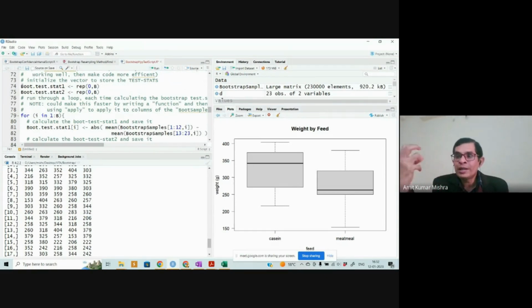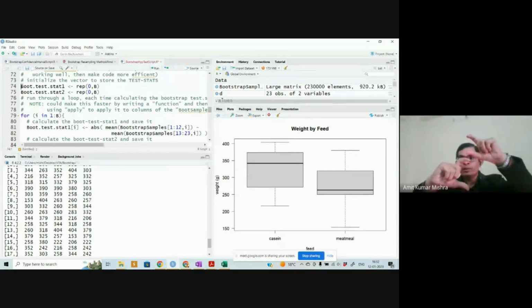Now what do we want to generate? We want to generate differences of sample means and differences of sample medians. Since we are generating data points assuming that H0 is true, what we will do is take 12 and 11 data points. 12 and 11, this will be 23.